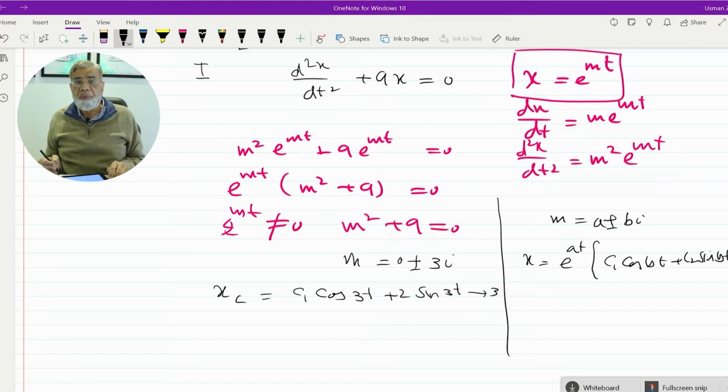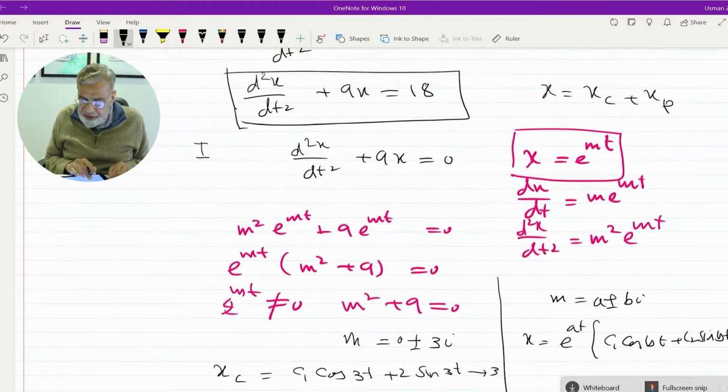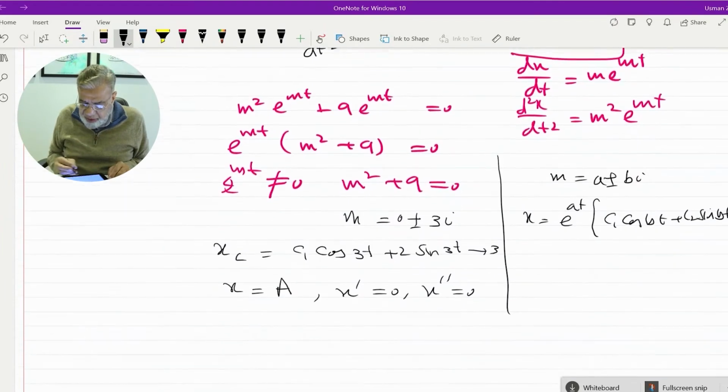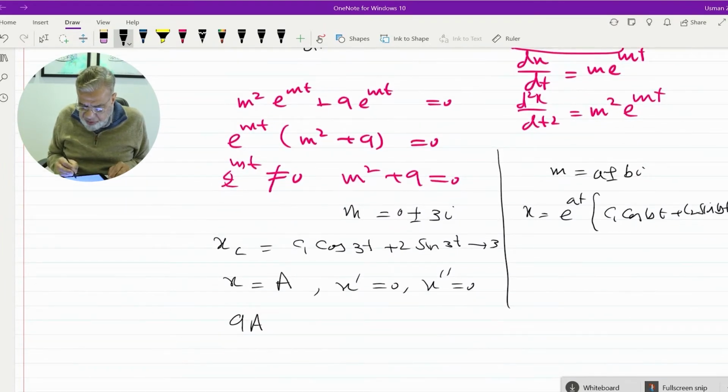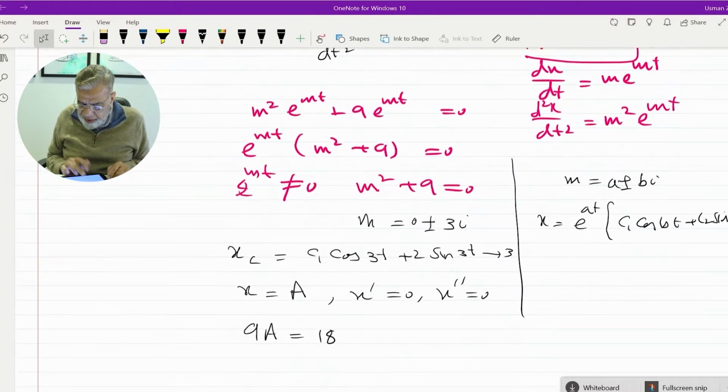Now I want to find the particular solution. We have different methods; one method is undetermined coefficients. So we say x is equal to a constant, x is equal to a. So x dash is equal to 0, x double dash is equal to 0. Substituting in my differential equation, I get 9a = 18.